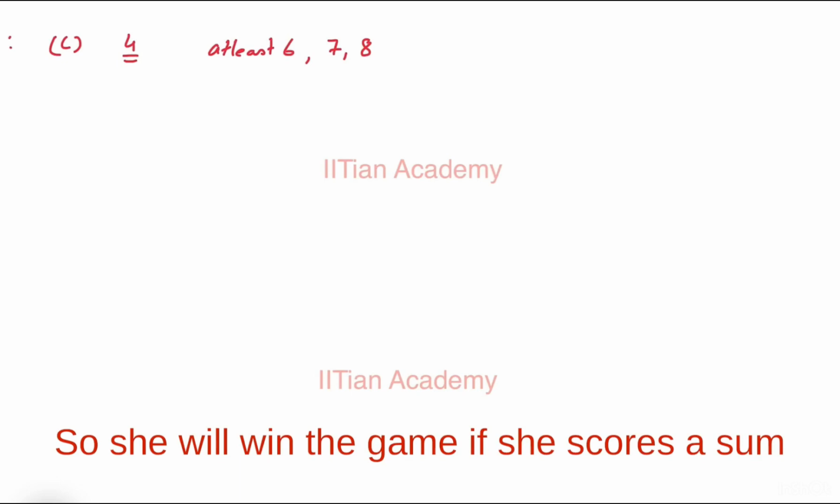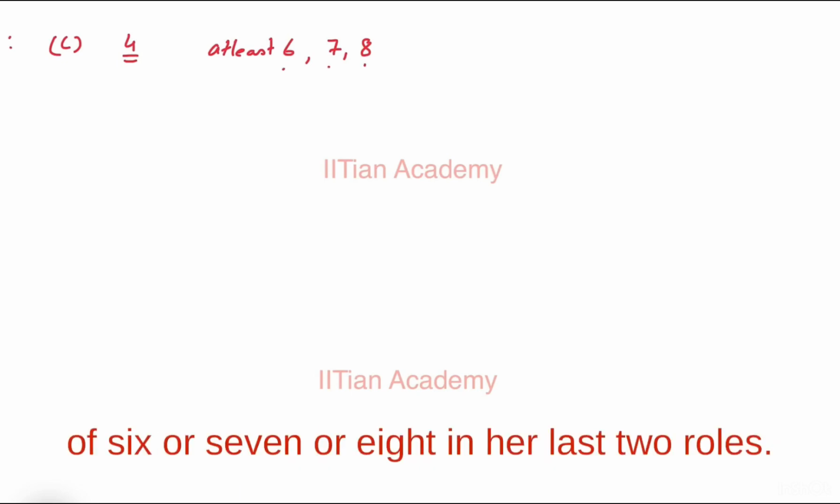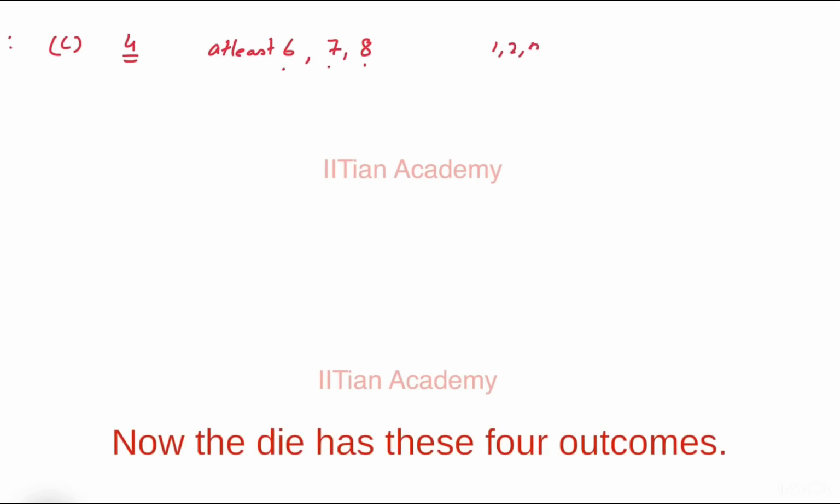So she will win the game if she scores a sum of 6 or 7 or 8 in her last 2 rolls. Now, the die has these 4 outcomes.